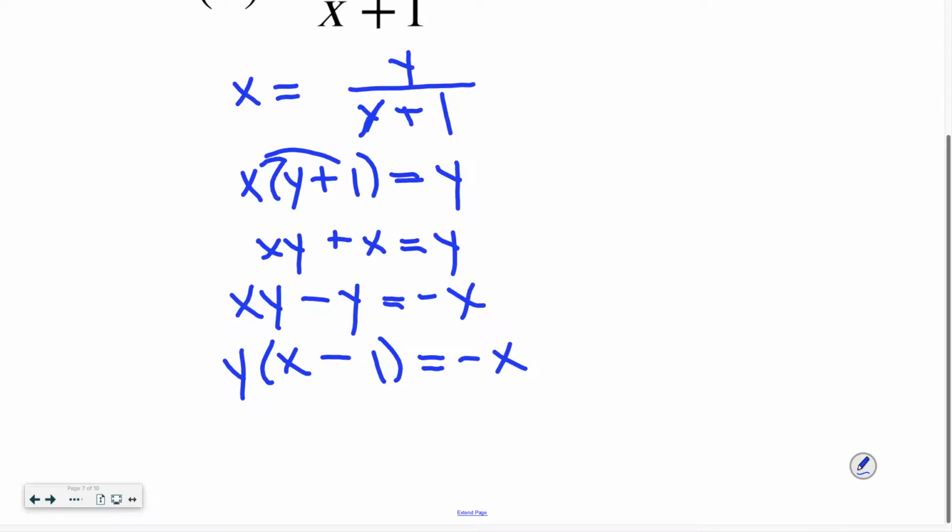And in order to solve for our one y, Veronica, what's our last step? We want y by itself. Divide the x minus 1 over. Yeah, just divide that guy over. So y equals negative x over x minus 1.